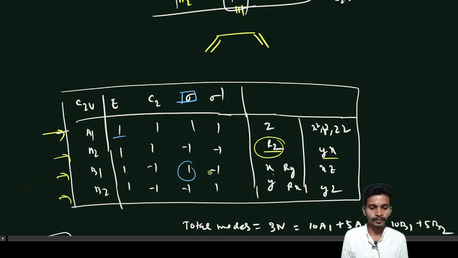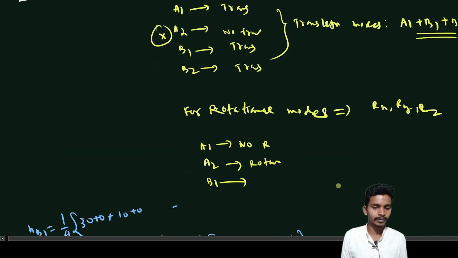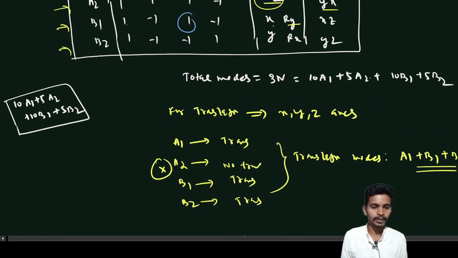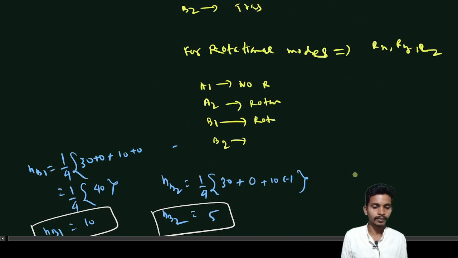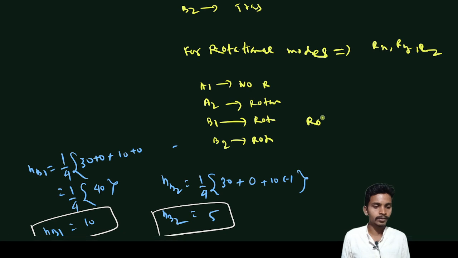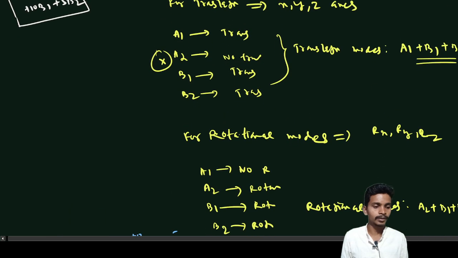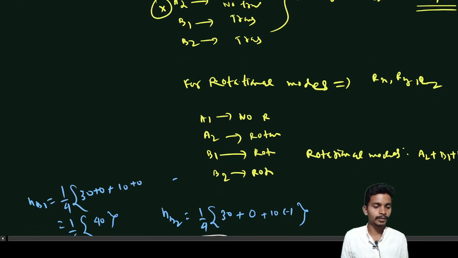For B1, yes, that is there, so this is rotational. And B2 also has a rotational. This is also rotational. So for rotational modes we will not use the coefficient. What are they? A2 plus B1 plus B2. Okay, these are the rotational modes.